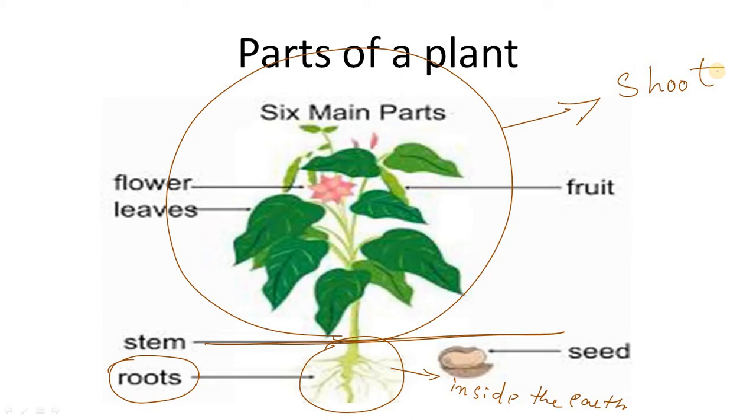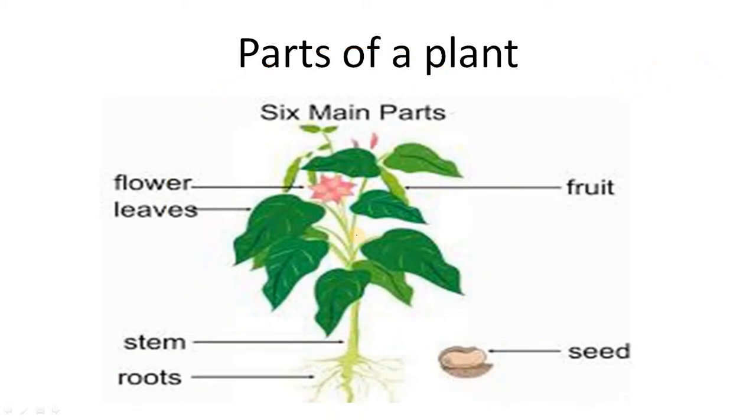So in this way, although we have 6 main parts here, the plant body has 2 main parts.